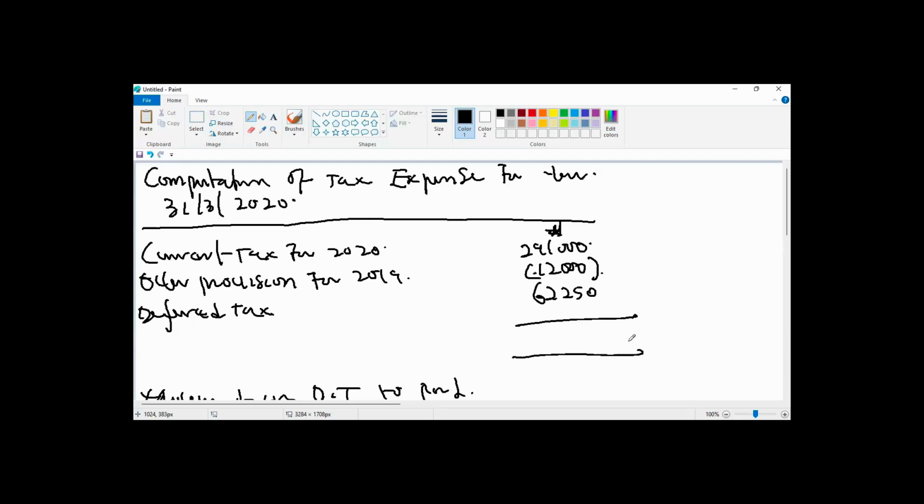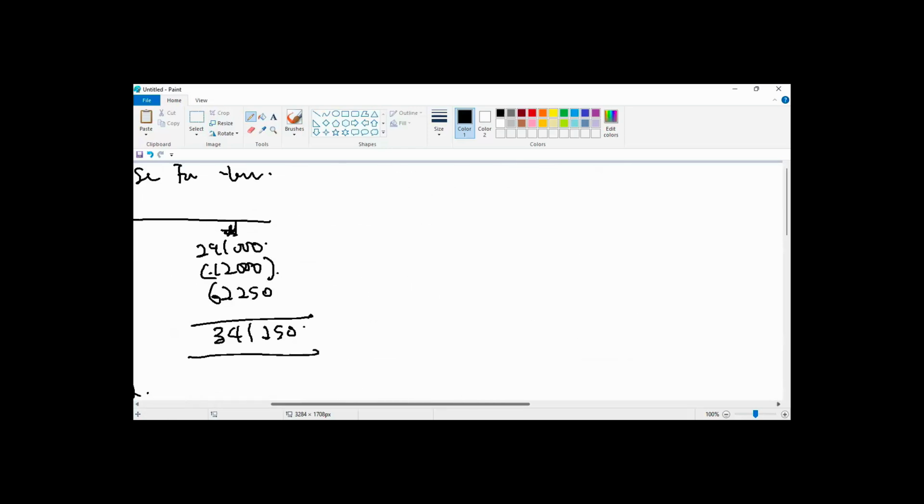So what is the total figure given to us now? What is the total figure now? 341,250. I'll now say the extracted statement of profit or loss and this extracted statement of financial position.